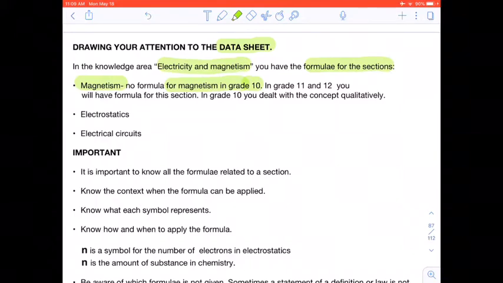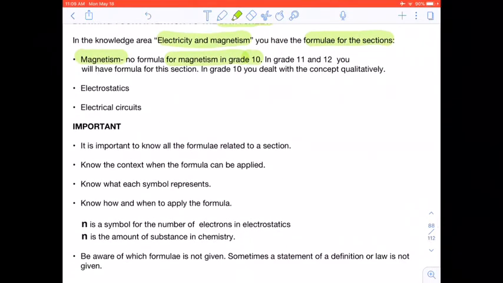magnetism related concepts. Then we have electrostatics, which we dealt with, and electrical circuits. Now, it's important to know all the formula that's related to a section.